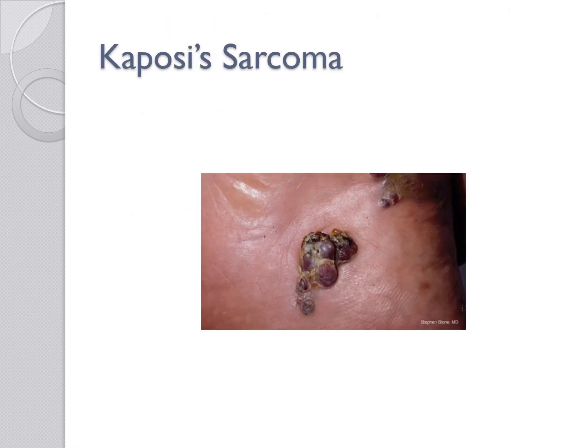This is an example of a Kaposi sarcoma. This is the most common skin lesion associated with AIDS. These little Kaposi sarcoma lesions are purplish brown and they are often raised. So the lesions can be very localized or very widespread. The thing you need to worry about with these lesions is they can be very painful. They can actually impede movement and they can restrict circulation.